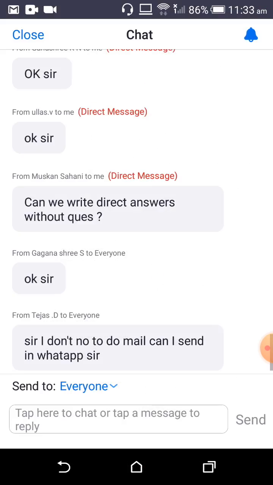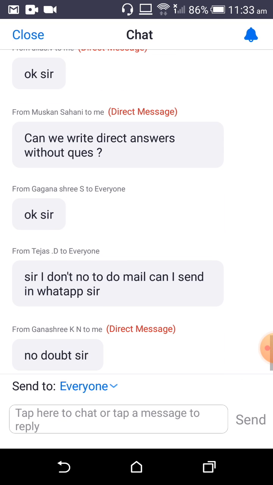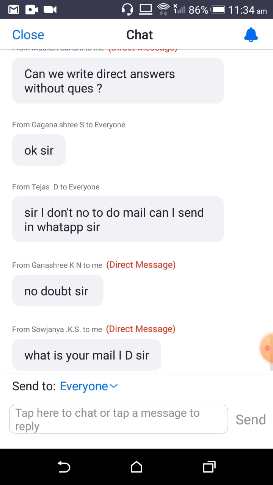Who is this Tejas? Why don't you know how to mail the answer scripts? It's very easy. Ask any one of your friends, he'll teach you how to send. Before sending, please make a practice of that.